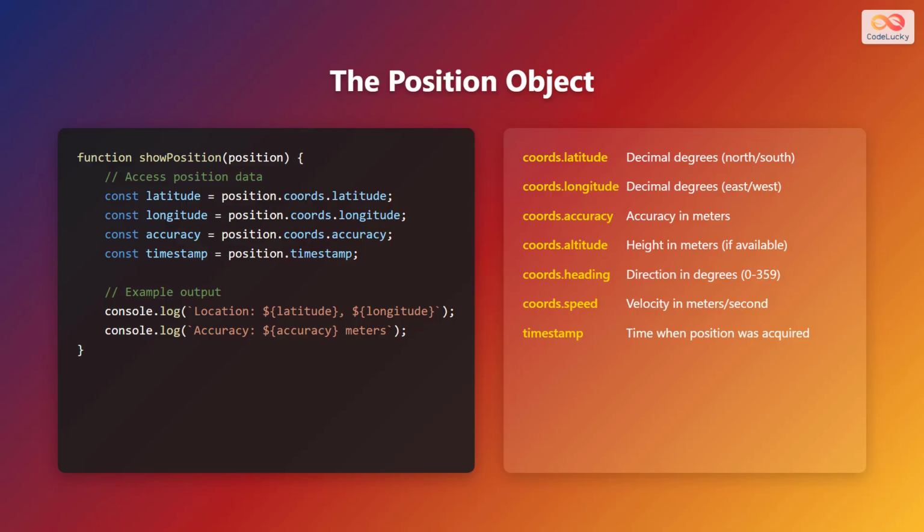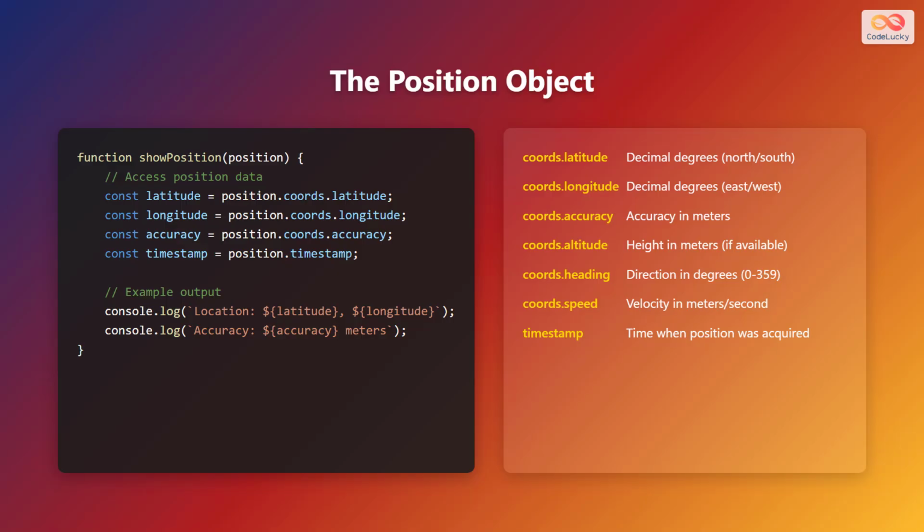The position object includes the following properties: coordinates.latitude, which provides the latitude in decimal degrees, representing the north or south position. Coordinates.longitude, which provides the longitude in decimal degrees, indicating the east or west position. Coordinates.accuracy, which specifies the accuracy of the coordinates in meters.